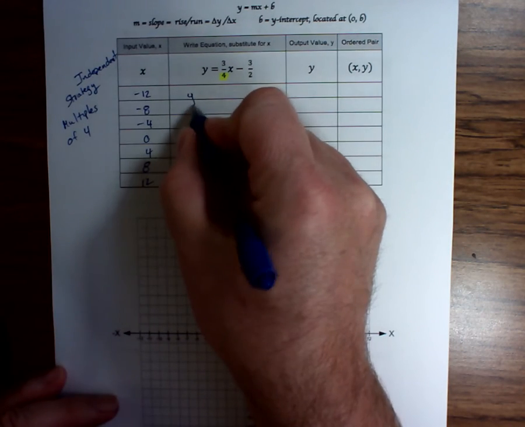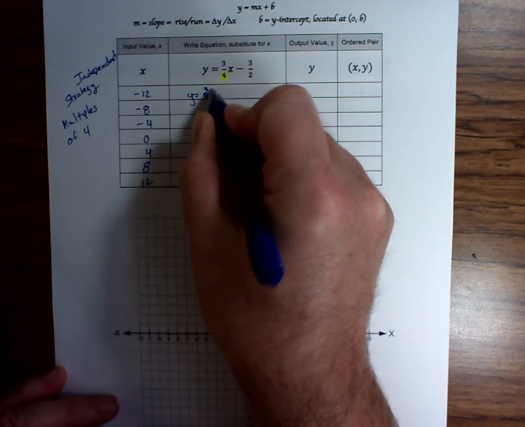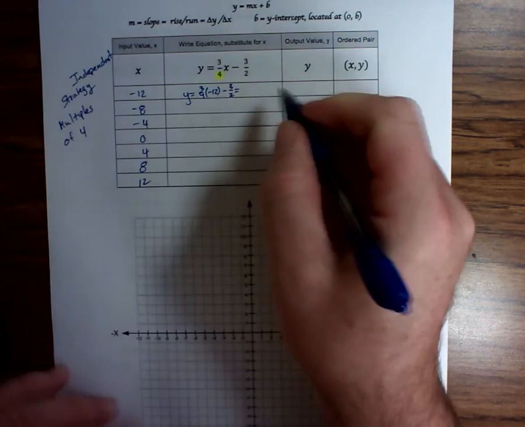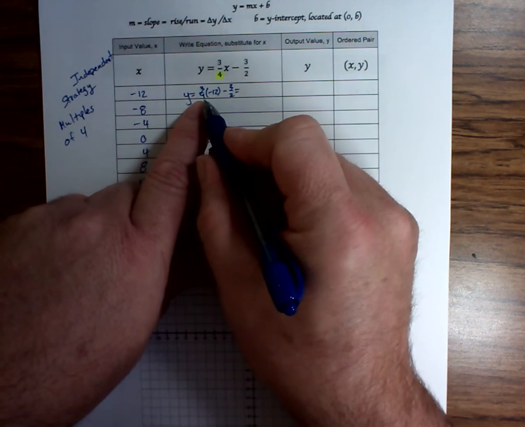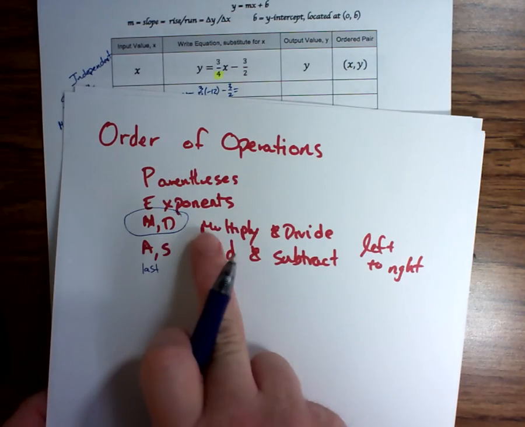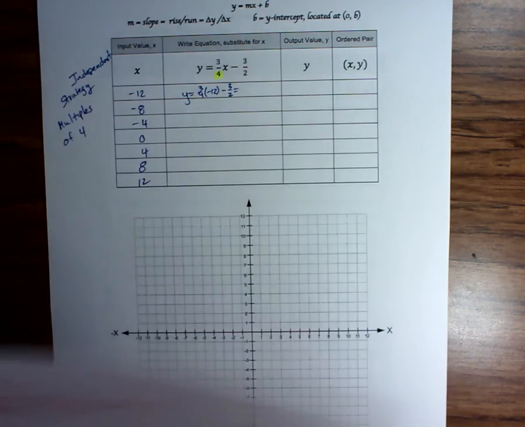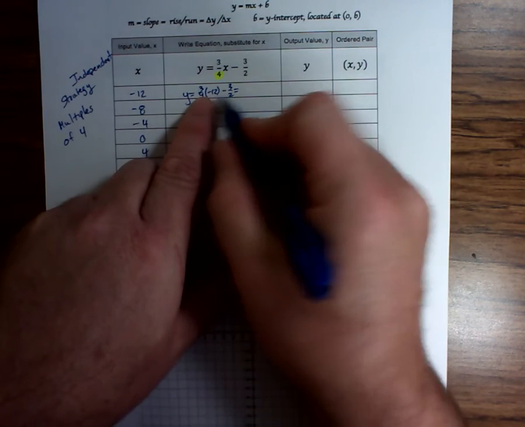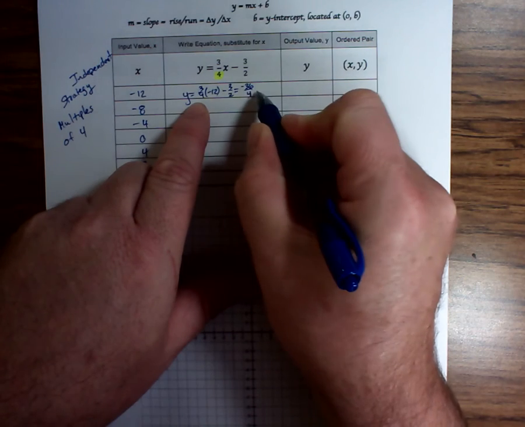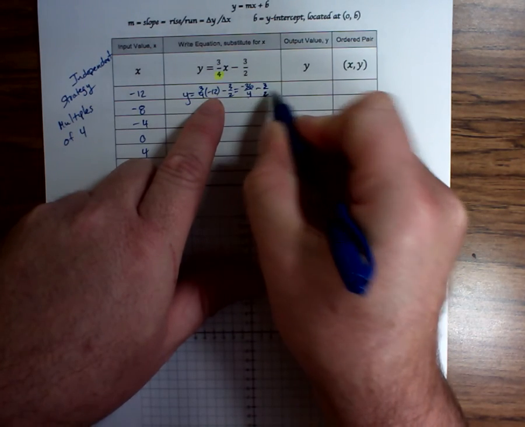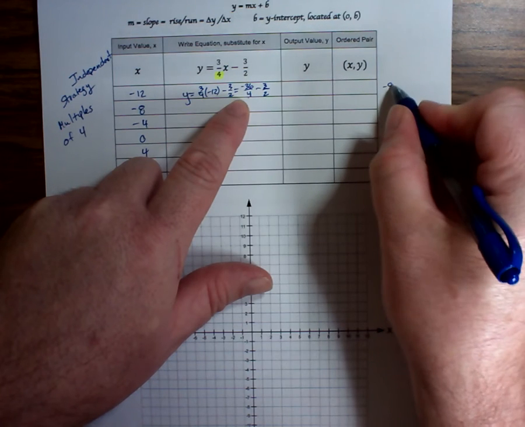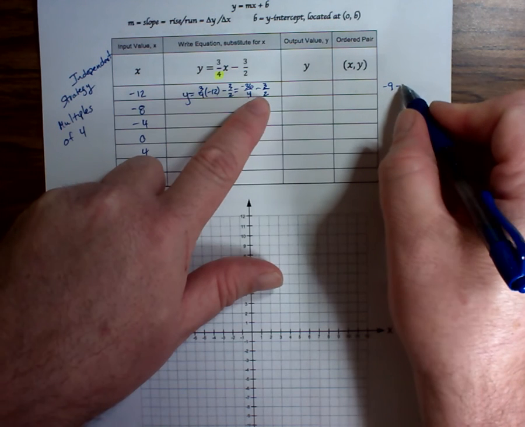So I get y equals 3/4 times negative 12 minus 3/2. Don't get freaked out by the fraction. We're still doing multiply and divide before we add and subtract. So we still have to do 3 times negative 12, negative 36 over 4, minus 3/2. That's negative 9 minus 3/2. Well, what is 3/2?